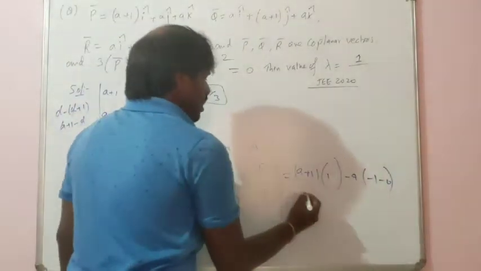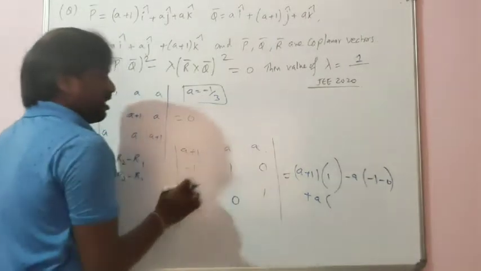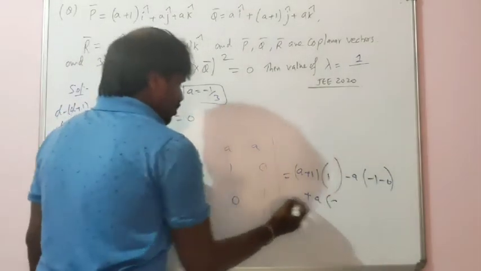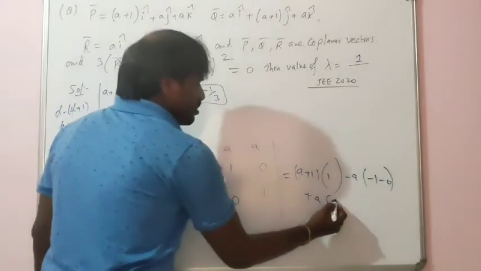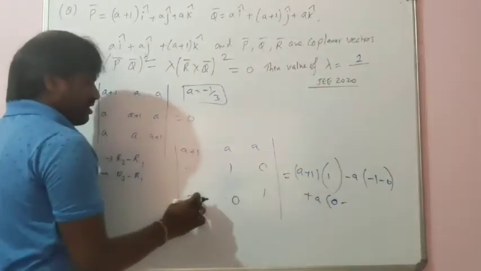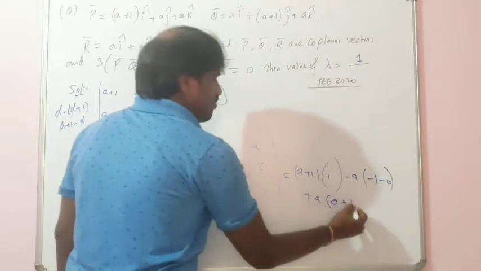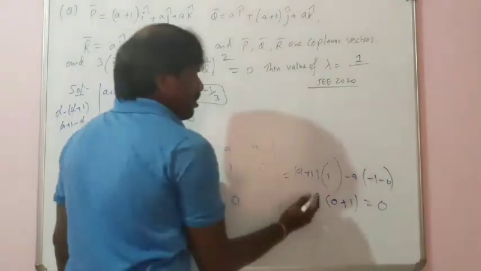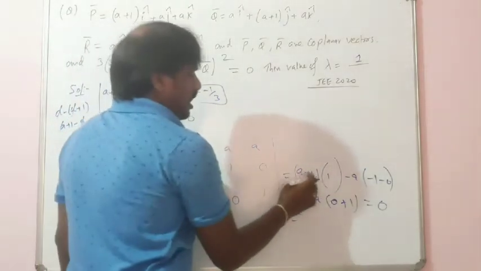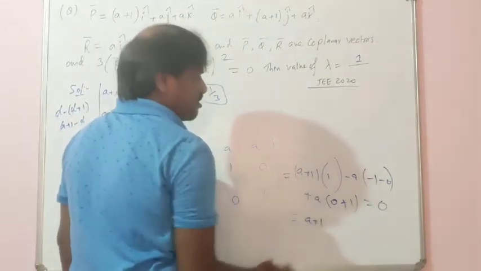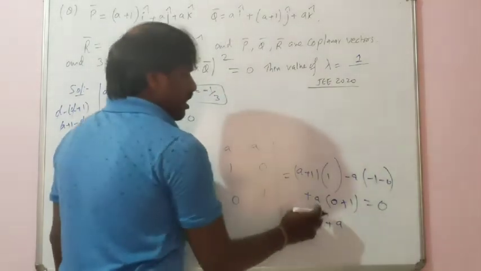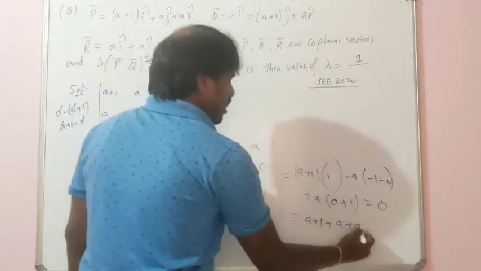And plus a into, this into this, 1 into 0, 0 minus, and here 1 ones are, this is already minus 1, so plus 1 I am going to get. So this value is equal to 0. So what I am getting here is a plus 1, and minus into minus plus a, and here I am getting plus a, correct?